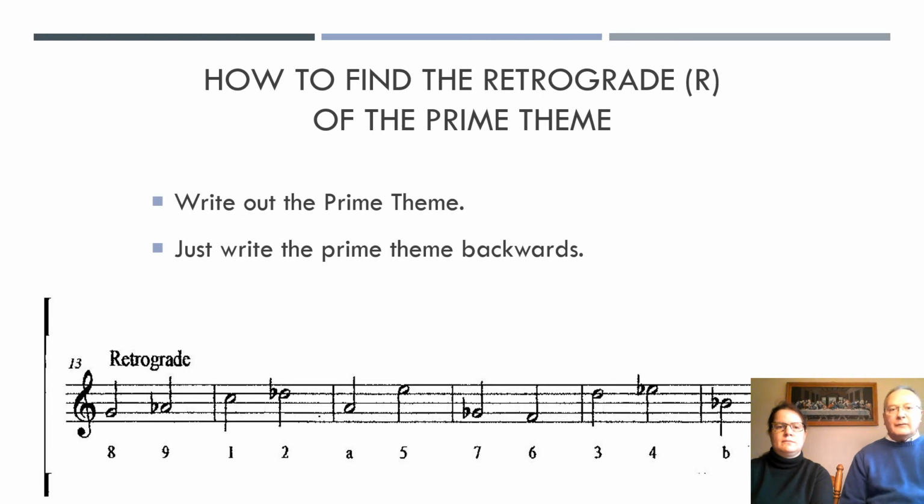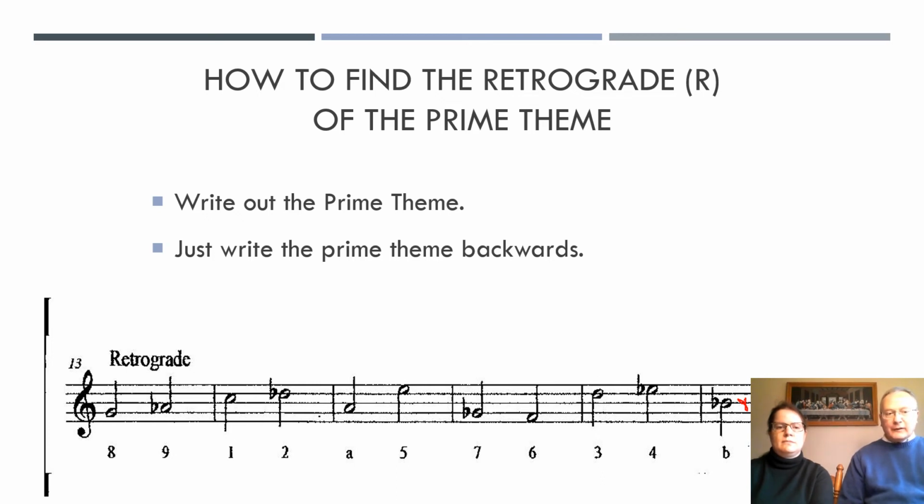The next thing we'll look for is the retrograde of the prime theme. We wrote out the prime theme before, and we're going to write it backwards. So it's cut off a little bit here, but B was the first note in the original theme, so B will be the last note in the retrograde.